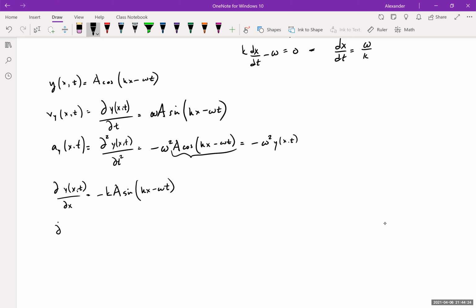We take another derivative. Derivative of sine is cosine. We get another factor of k. But here again, that's the original function y of x and t.